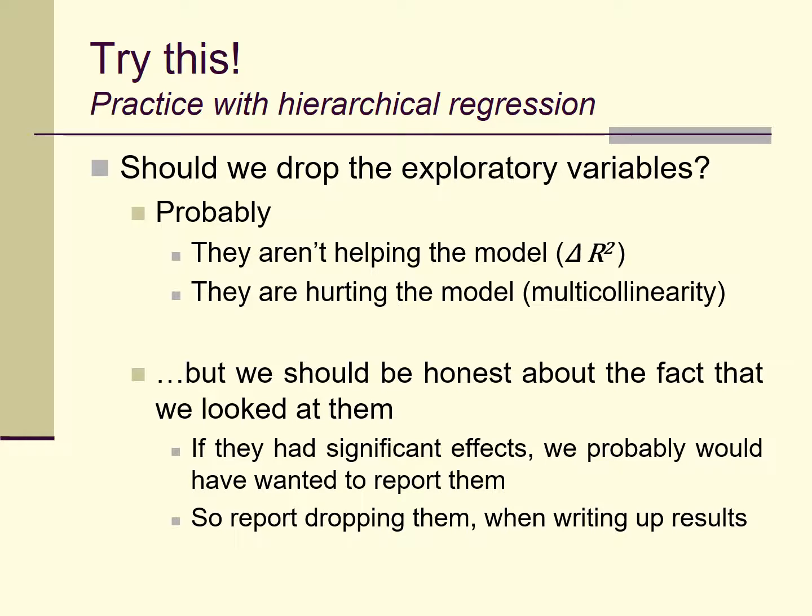It's probably most honest to say, yes, we included these variables initially, but due to their relatively poor predictive power and due to concerns about multicollinearity, we dropped them and then reran the analyses, or we dropped them and used only our initial primary variables of interest.